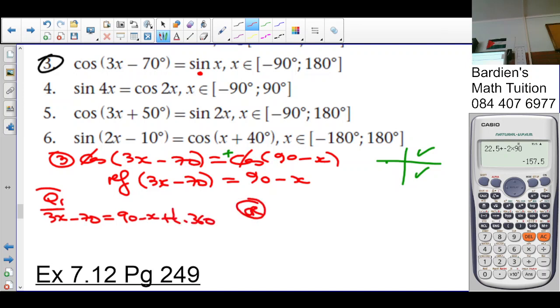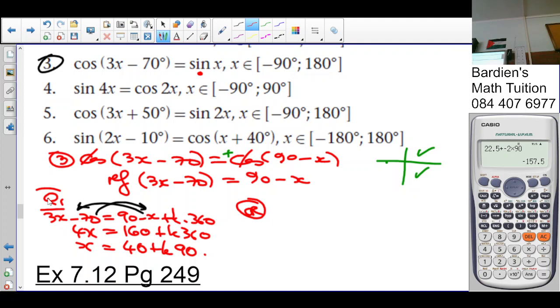We solve for x, we take that over. So we've got 3x plus x is 4x is equal to 90 plus 70 is 160 plus k times 360. Divided by 4, so I got 40 plus k times 90 degrees. You all got that?